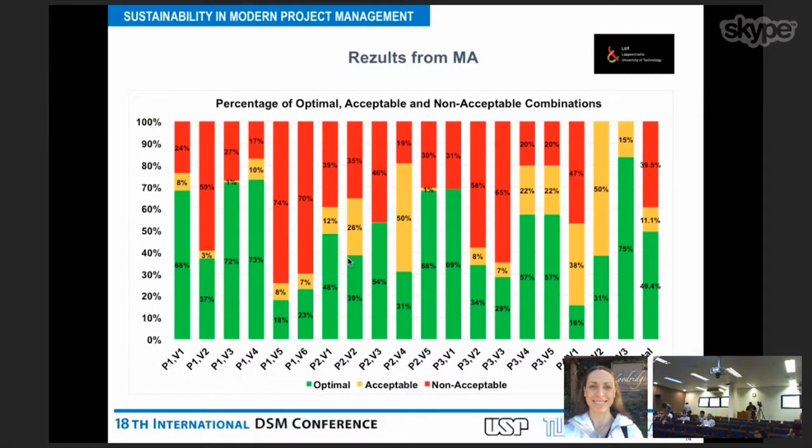And here are the results. How much is the percentage of these combinations, for example, just with the number 3, which are the optimal combinations? And here are so far results from first parameter to the last parameter, always combining with their values.